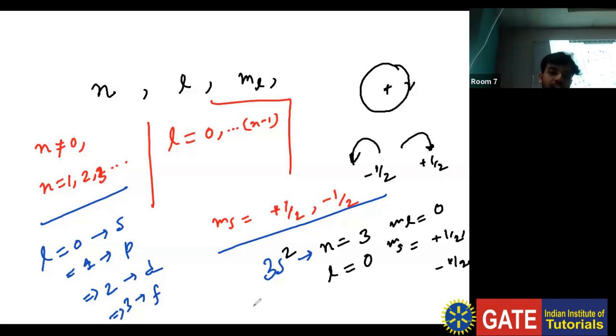Is it clear now? Got it? That means if an electron is revolving around the nucleus, clockwise direction is called plus half. And what is the spin multiplicity? That part I'll come to. Anyone knows what is spin multiplicity?